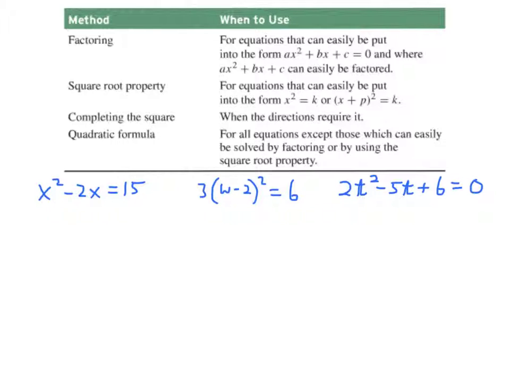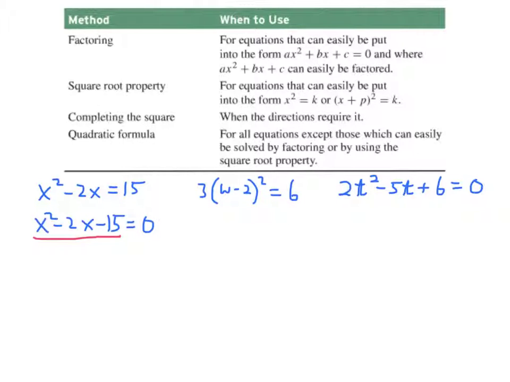Now in this first one, of course the first step would be to get a 0 on one side, so we'd subtract 15 from both sides. So that would give us x squared minus 2x minus 15 equals 0. And then the question is, can we factor that trinomial, x squared minus 2x minus 15? If we can, we'd finish this with the factoring method.